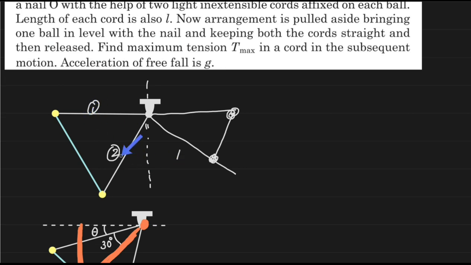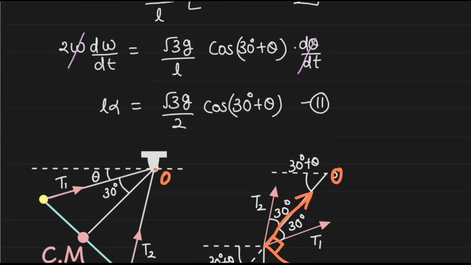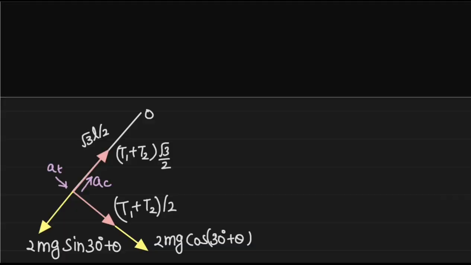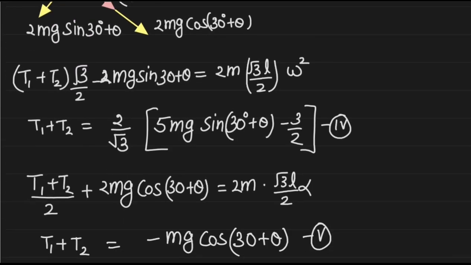So tension T1 and T2 will be replaced by T2 and T1 on the other side of this vertical line. So whatever will be the maximum value of tension in this string will be actually the maximum value of tension in the other string also. So we just need to determine the maximum value of tension in form of maximum value of T1, right?